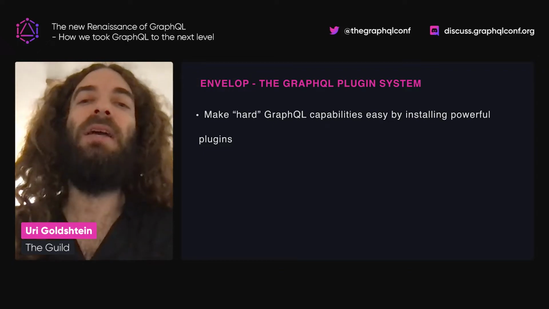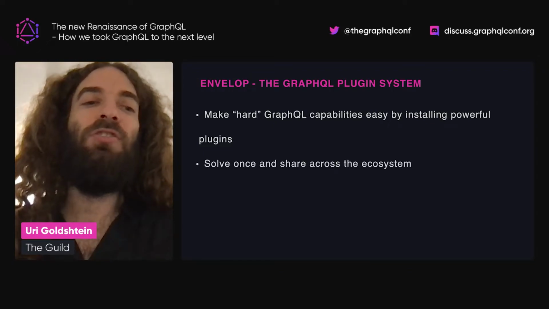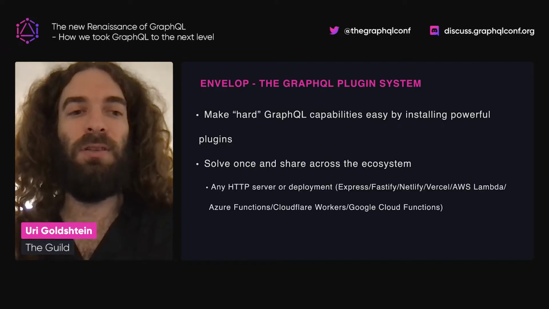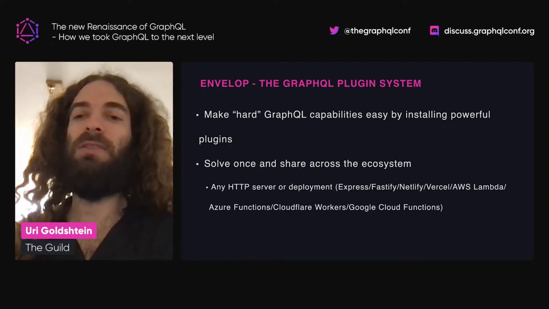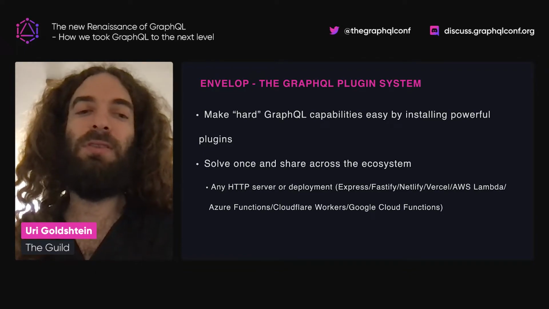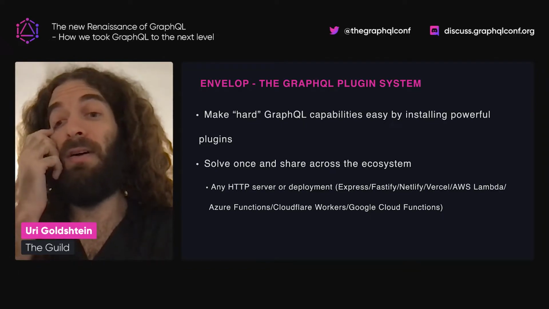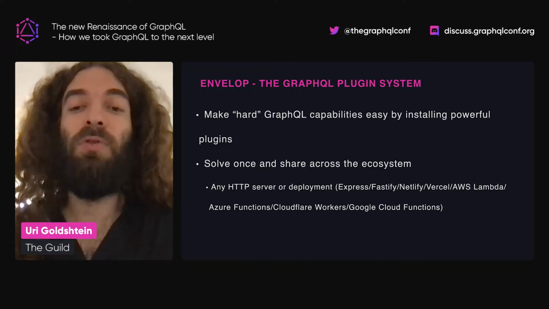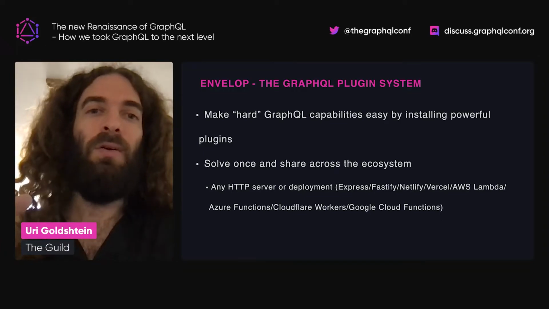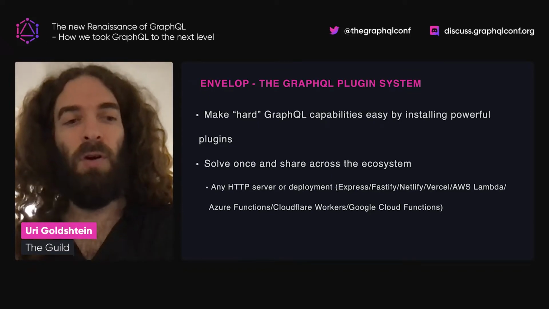So we said making hard things easy with plugins, but also we can share all these things across the ecosystem. We can deploy an Envelope server with any HTTP server and any deployment, like Express, Fastify, Netlify, Vercel, Azure Functions, Cloud Workers, everything you can think of, we use it. And you could reuse the same plugins and the same code.